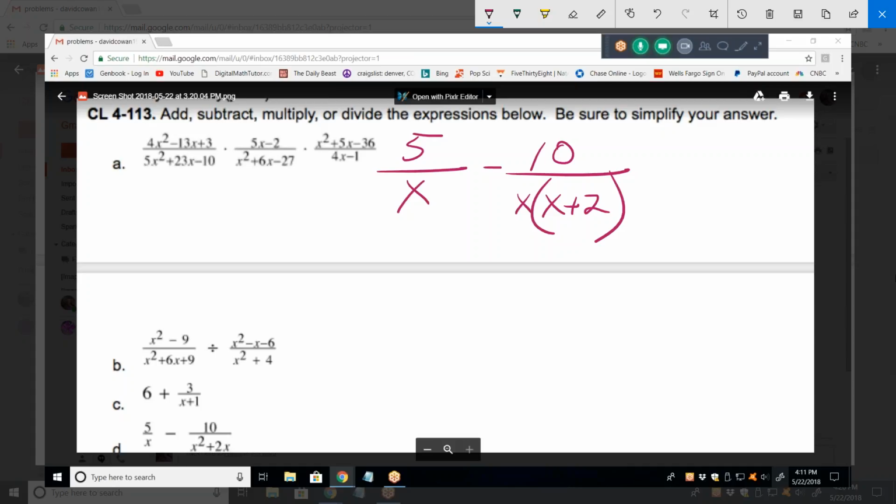Now, again, I'm adding or subtracting fractions. What do I have to do? Find the common denominator. Let's try to find the least common denominator in this case. What is the least common denominator? Again, I could always find a common denominator by merely multiplying these two things. But in this case, that's not going to be the least common denominator. Remember, each term has to divide into it evenly.